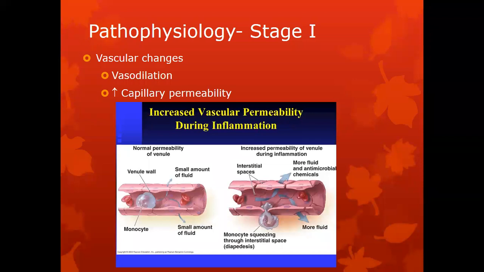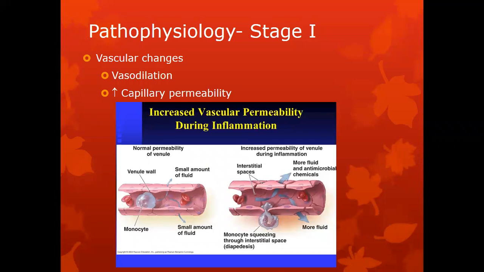It's also going to cause vasodilation of those arteries and those small arterioles at the area of injury, and increase vascular permeability and the ability for the white blood cells to infiltrate that area.